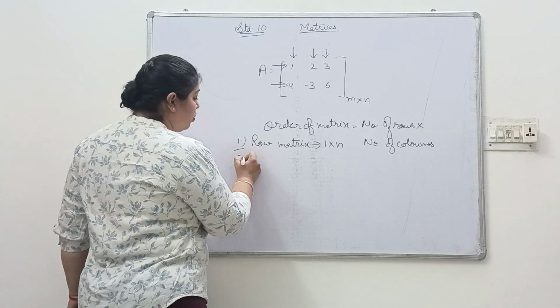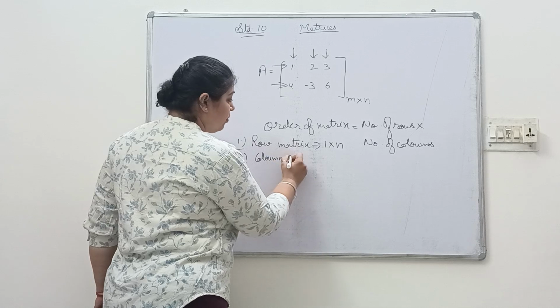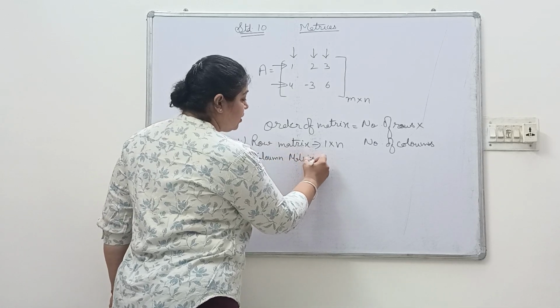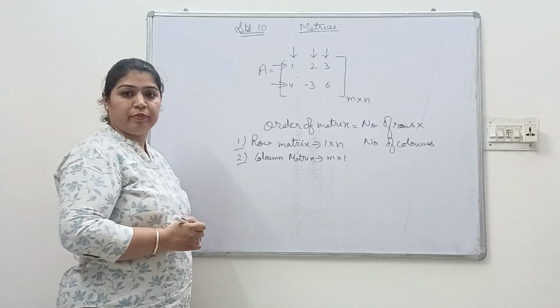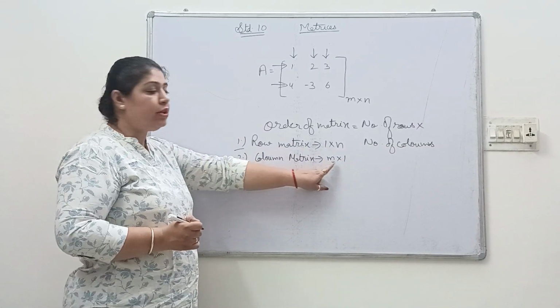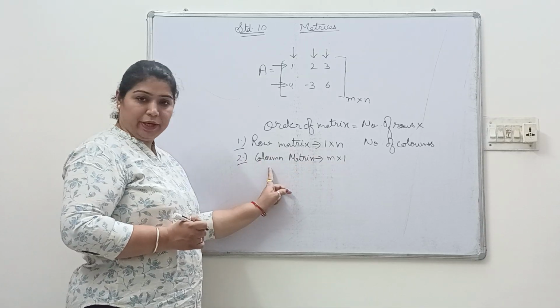The second one is the column matrix. Any matrix which has one column, with any number of rows, is known as a column matrix.